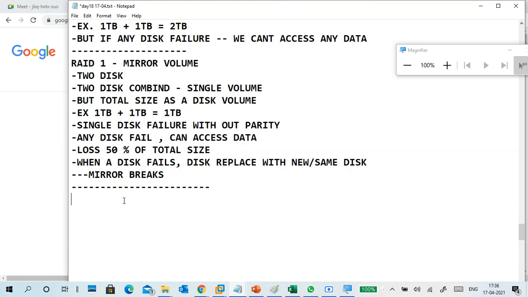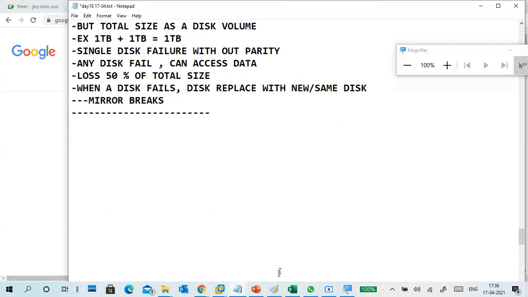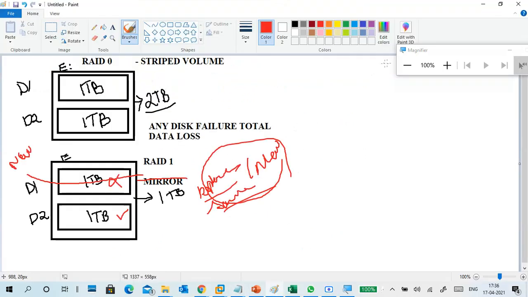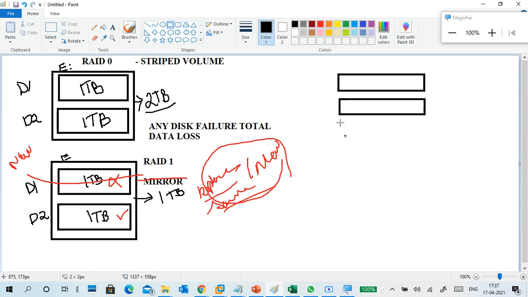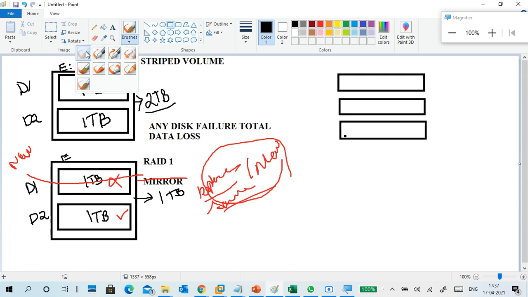So what is a RAID 5? RAID 5 and RAID 6 are both similar, but only the number of disks changes. In a RAID 5 we use 3 disks. For example, disk 1, disk 2, disk 3, each 1 terabyte.